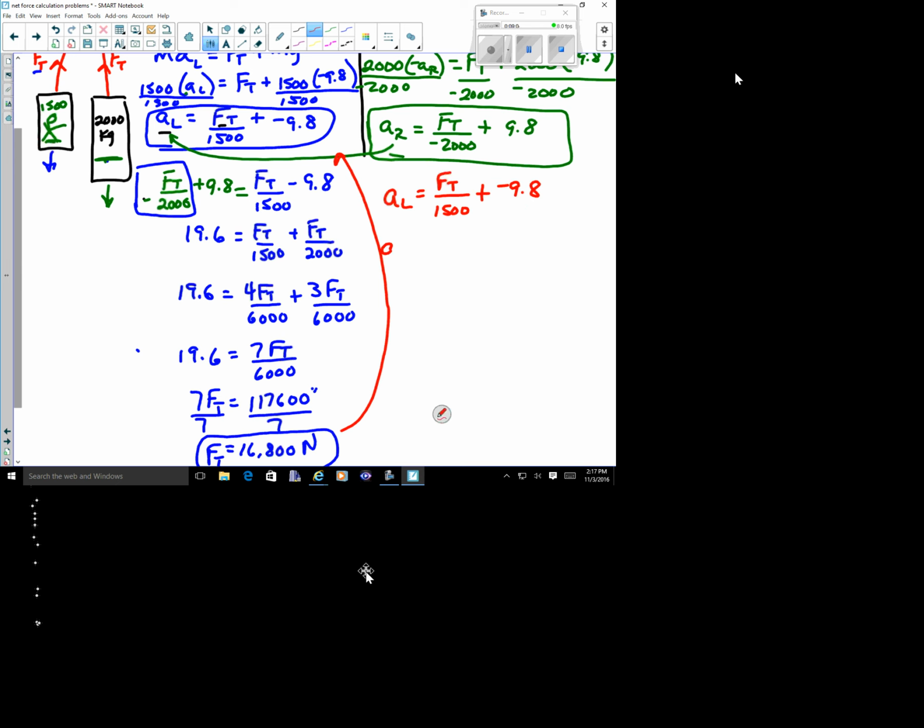So all I do is put that number right in there of 16,800. Divide that by 1,500. Subtract the negative 9.8, and you get the acceleration on the left-hand side equal to 1.4 meters per second squared. So that's how you get that.